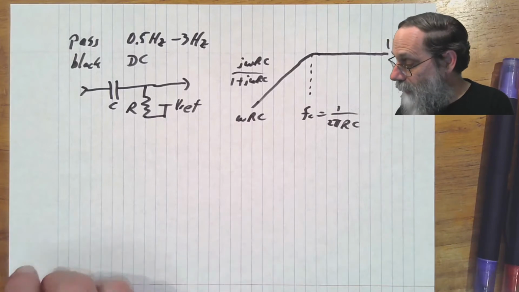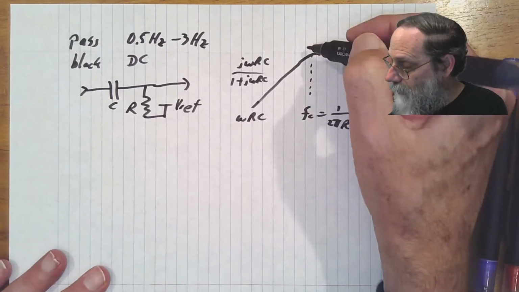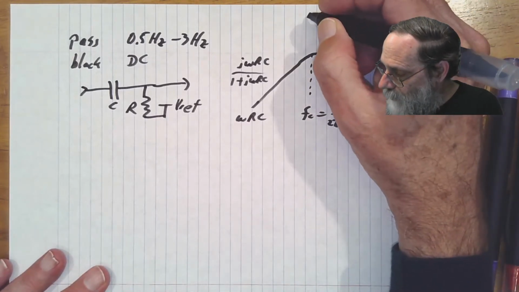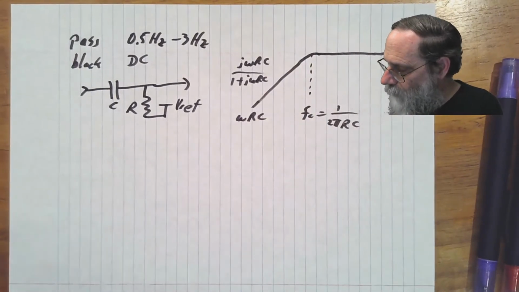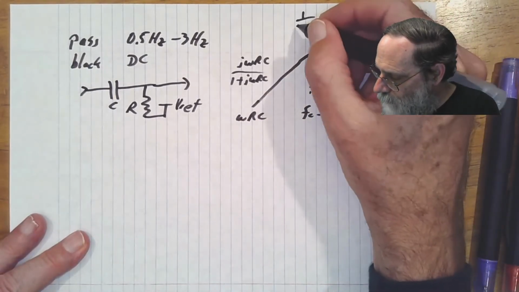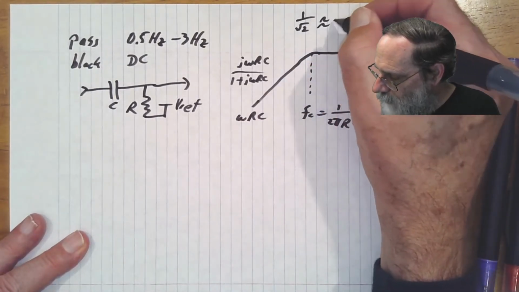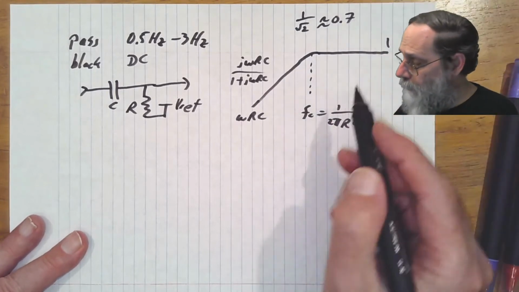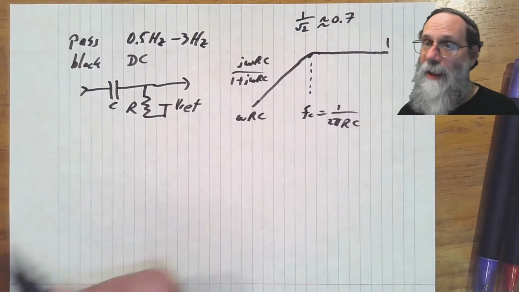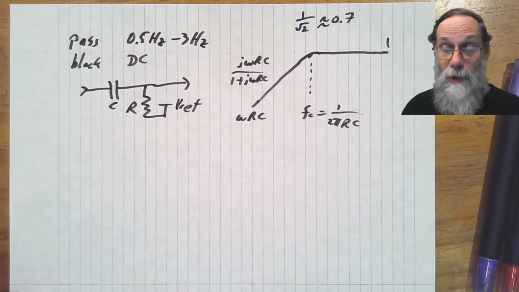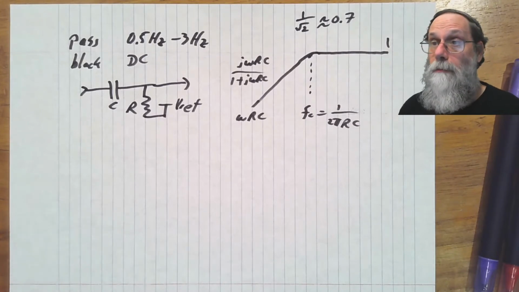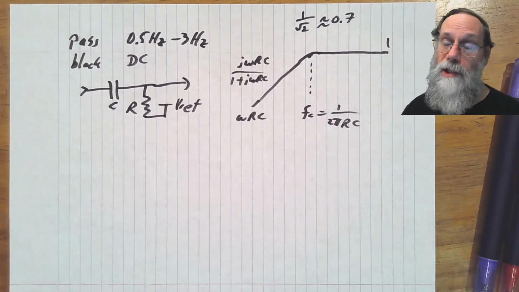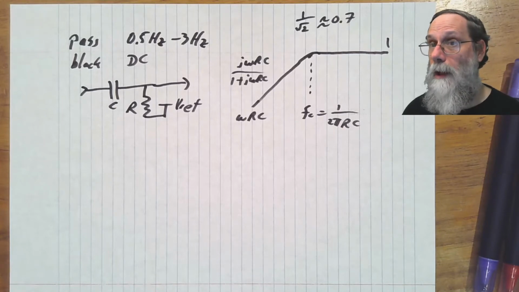Because remember that at the corner frequency here, the gain at that point is 1 over the square root of 2, which is approximately 0.7. So we've got 30% attenuation at that corner frequency. Is that a problem? Who knows? Didn't give you enough information in the design spec to say whether that's a problem or not.